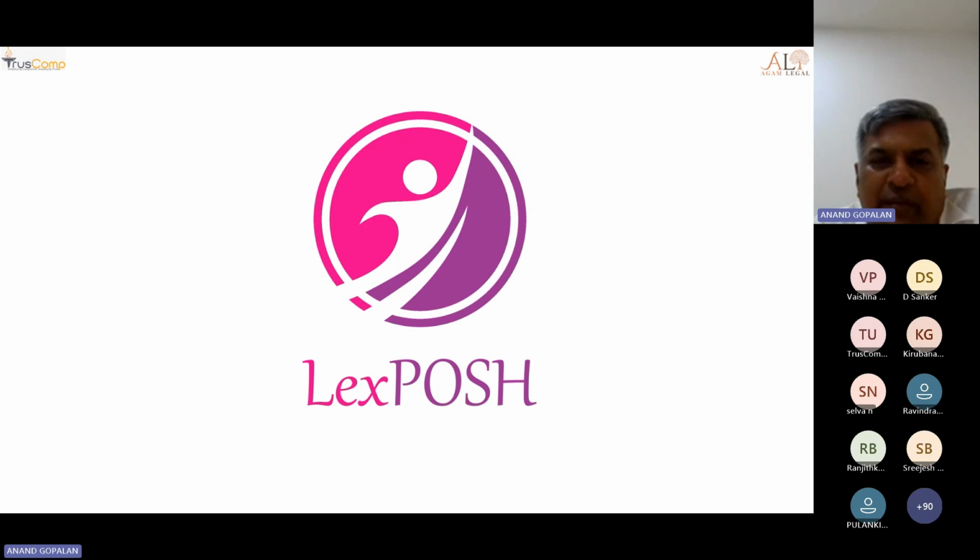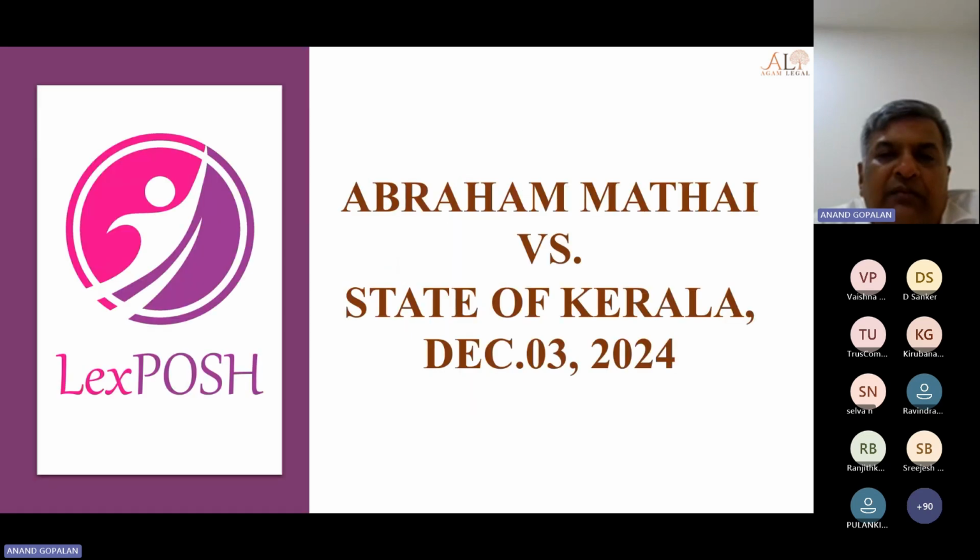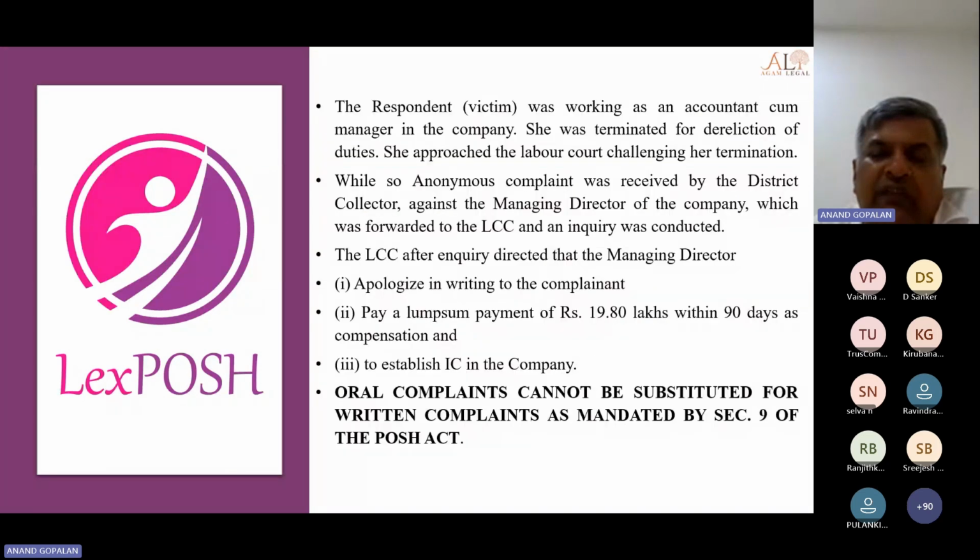Moving into our POSH segment, this is a case in Kerala where the employee was dismissed for dereliction of duty. She challenges the termination. The district collector receives an anonymous complaint based on which the local complaints committee begins proceedings. And ultimately, the LCC comes to the conclusion that the respondent is guilty, would need to apologize and as well pay compensation.